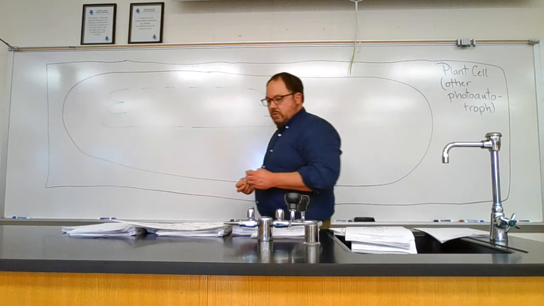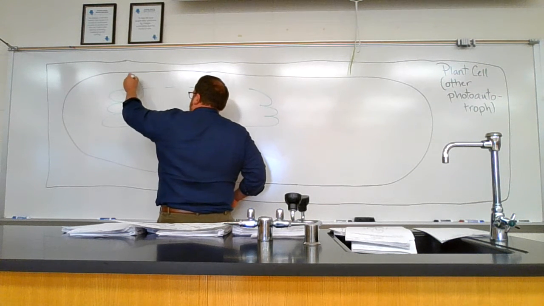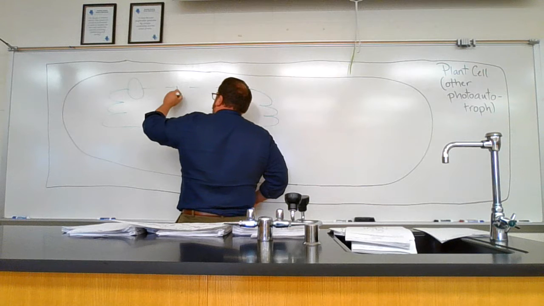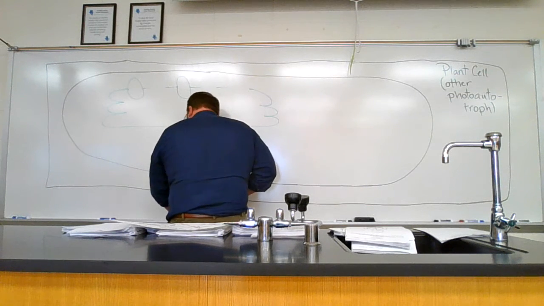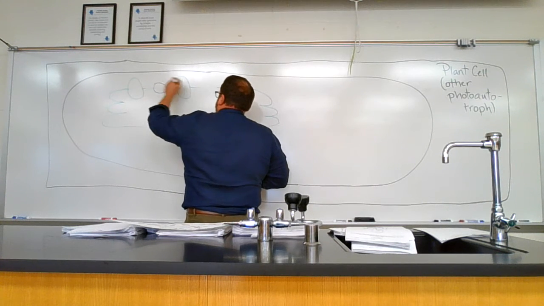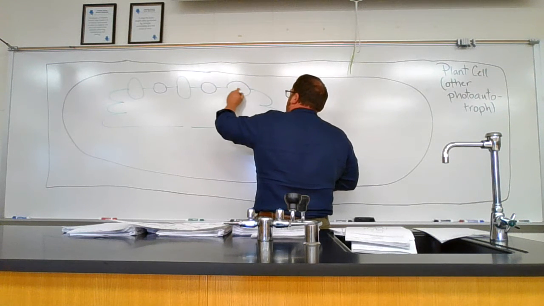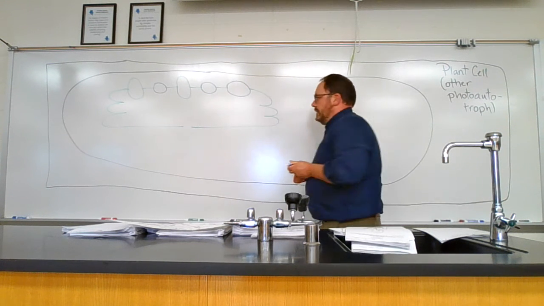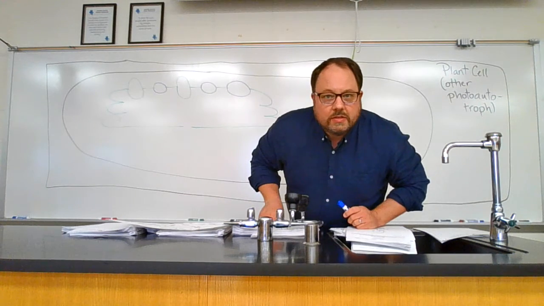All right. I'm going to add some green circles in a couple of spots here. And then we're going to add some blue circles. All right. So this is tough to see.